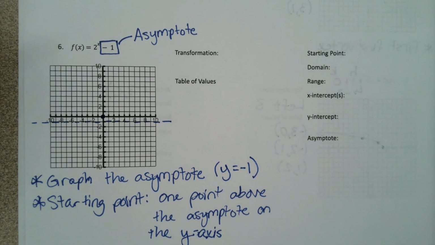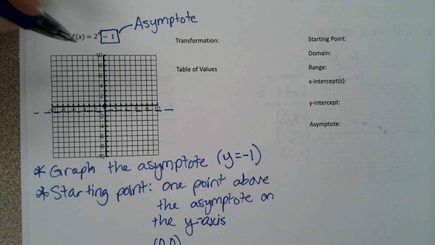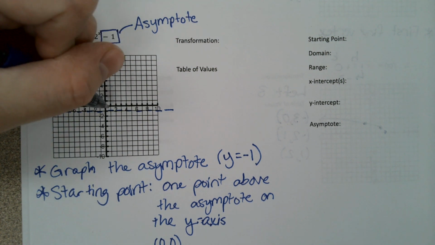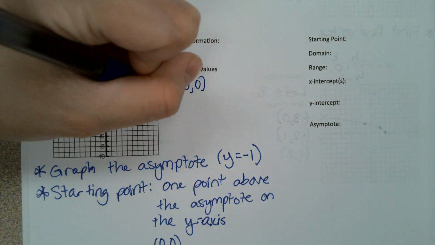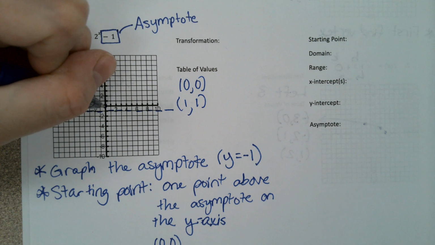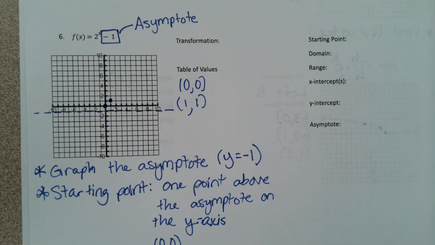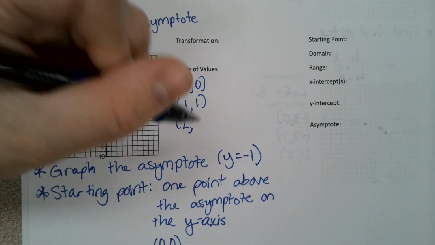For the other points, I'm just going to tell you what to graph for now. We're going to work on graphing this more next week. So we have 0, 0. I want you to graph 1, 1. And then I also want you to graph 2, 3.